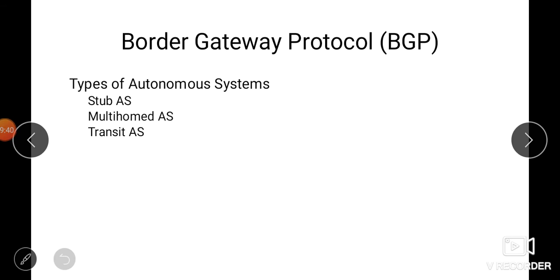A stub AS has only one connection to another AS. We have studied the stub link, and it is similar to a stub link. It has only one connection to another autonomous system. Interdomain data traffic in a stub can be either created or terminated in the AS.